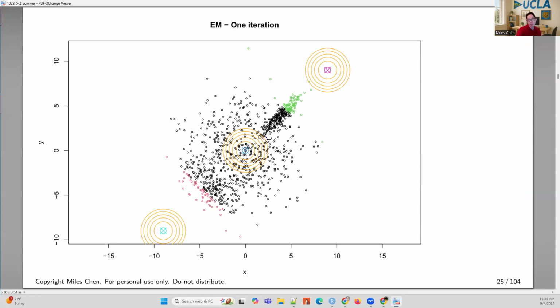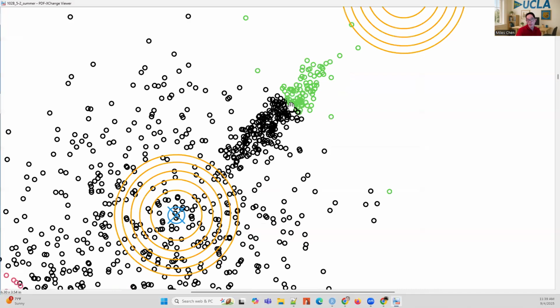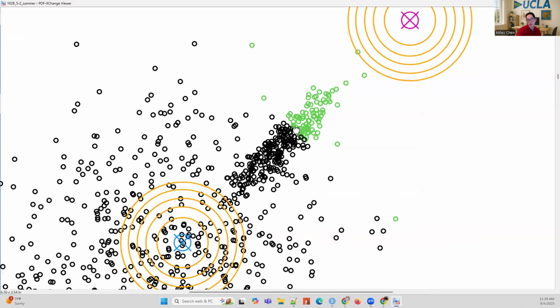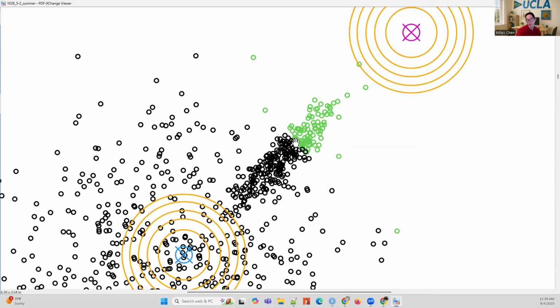Now, there is something a little bit misleading about this graphic. These points right along here are colored either black or green, but remember, we have probabilistic assignments. So this point right here is probably like 51% cluster 1 in black and 49% cluster 2 in green.